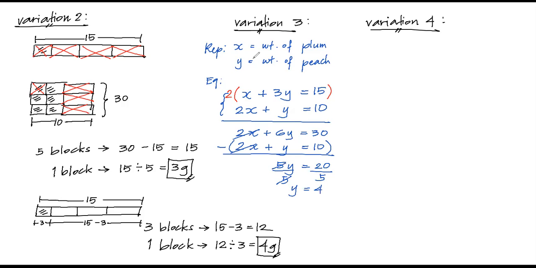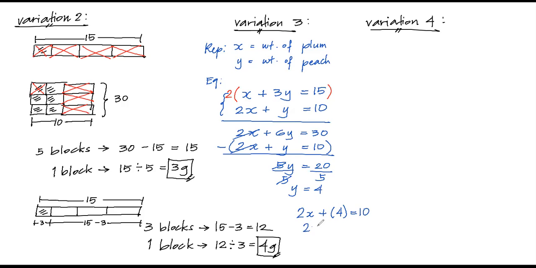Same thing with the weight of the peach. Now, if you want to find out the weight of the plum, you may use any equation you like. So it still works, don't worry. As long as you know the y already, substitute and solve for the value of x.